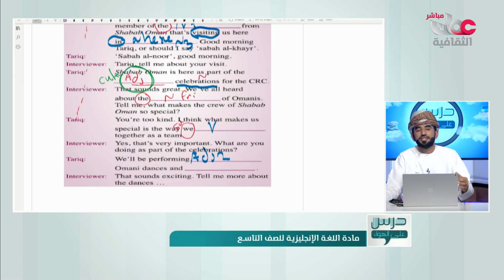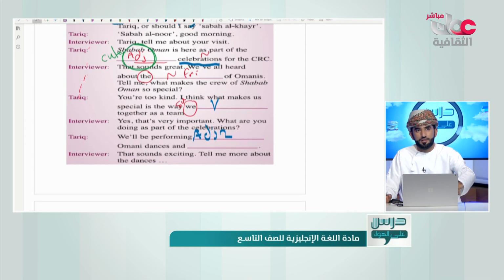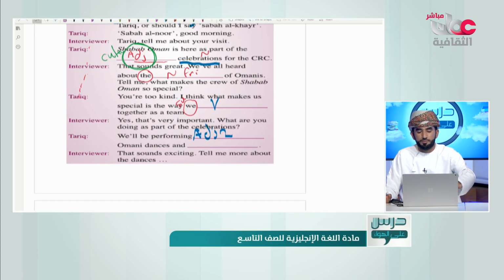And once you do that, try to search for the keywords in the context. Once you find a keyword that you are very sure about, you can try to find the answer for that blank. And once you do that, you cross it and go to the other words again and again, and then you will get all of those answers of those blanks correct.